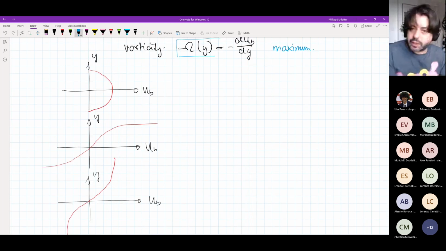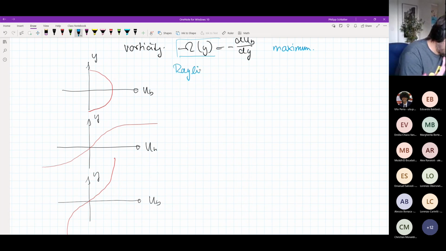Now, if we just look at Rayleigh, Rayleigh would say, if there is an inflection point, then it's unstable. The first one we have just said is stable from Rayleigh. The second one has an inflection point here, so that is potentially unstable.